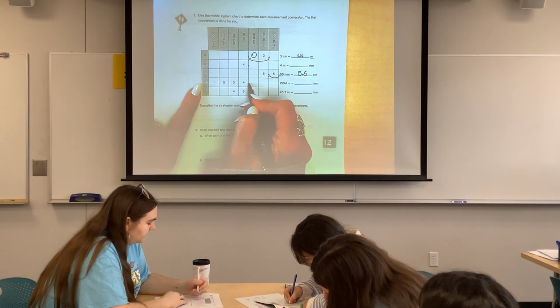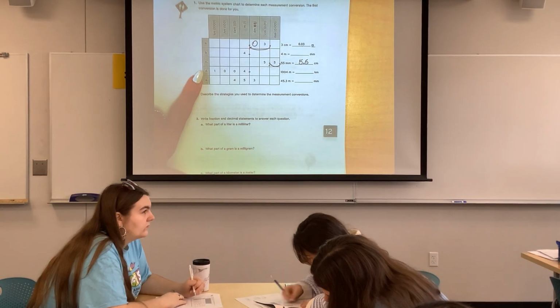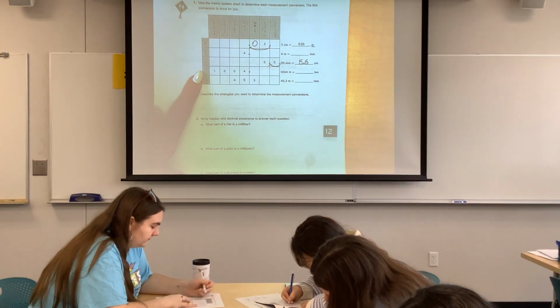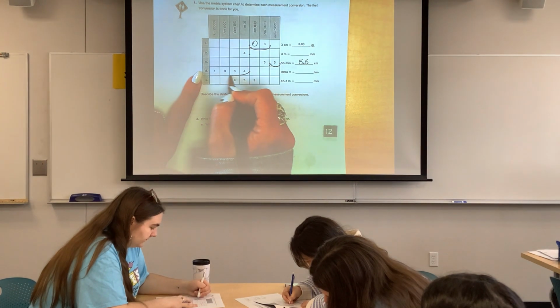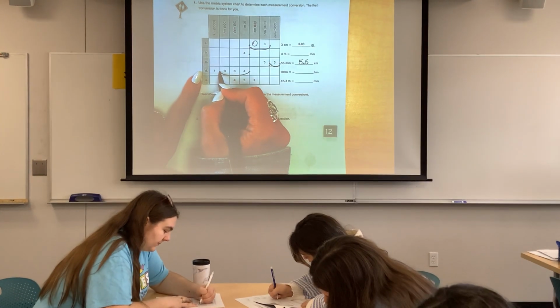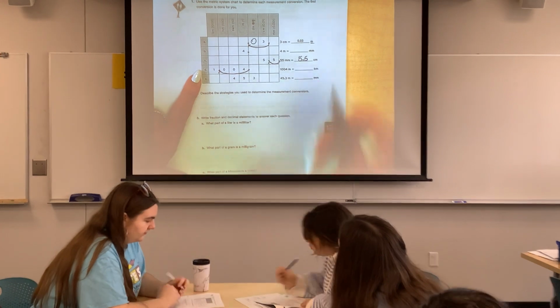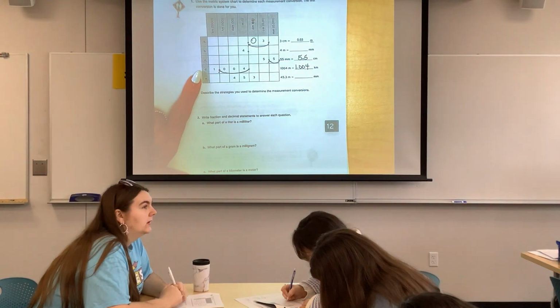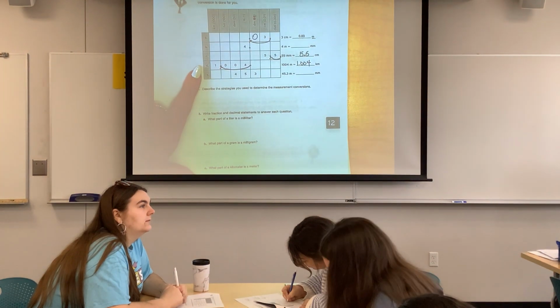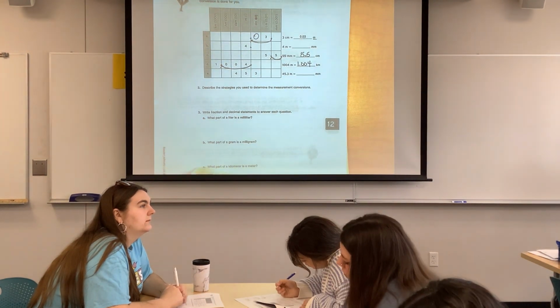The end of the 4, right? Now, what do I need to take the decimal to? Kilometers. So I'm going to move it over here to kilometers. So it goes on that line. So 1.004. We good with that?